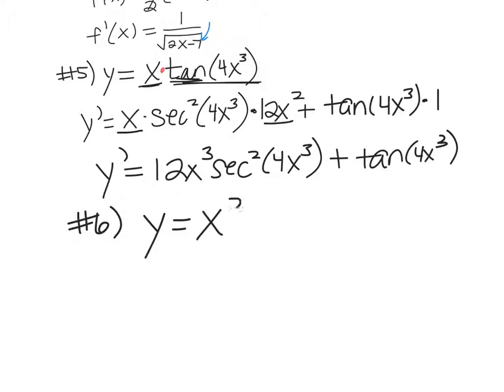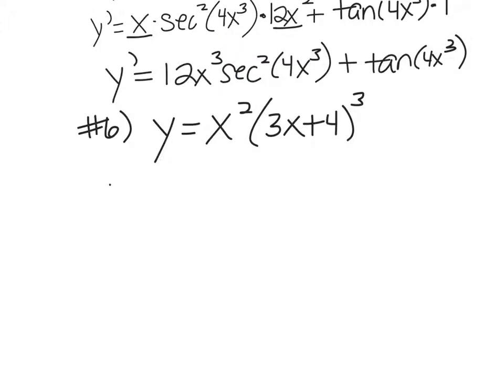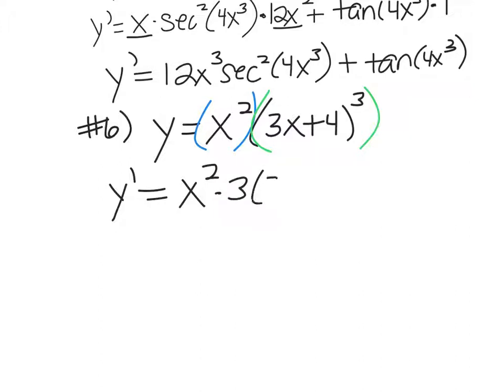Number 6. x squared times (3x plus 4) cubed. Would you like to try this one? Yes. Okay. I'd like to watch you try. All right, this is A, and this is B, okay? So we're going to do A times B prime. So here's A. B prime is to bring the 3 down, leaving the inside alone, and subtract 1 off.